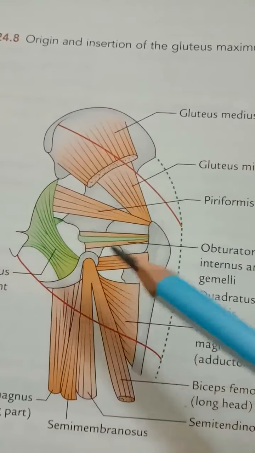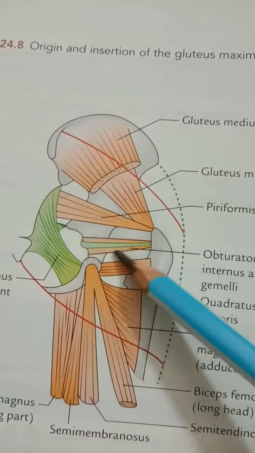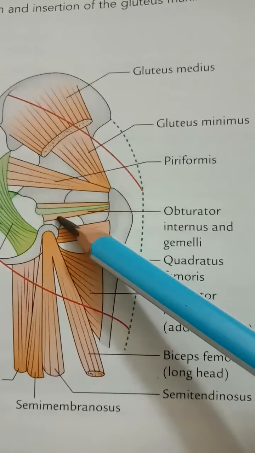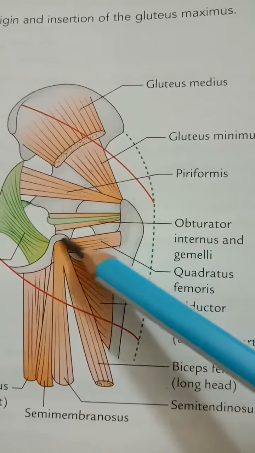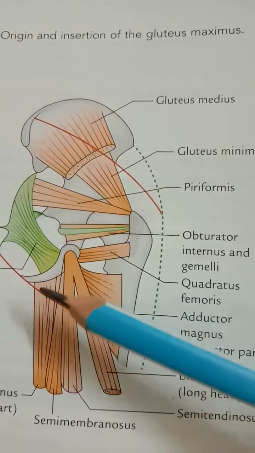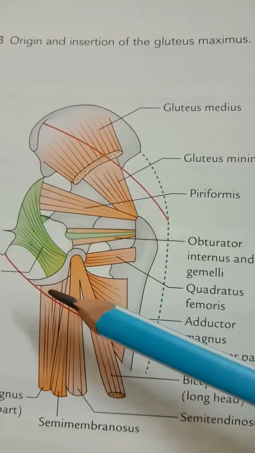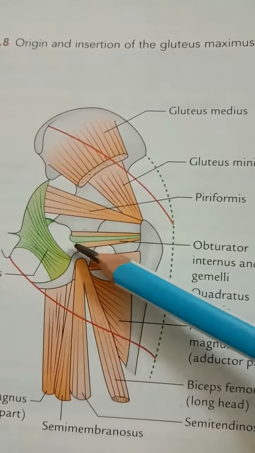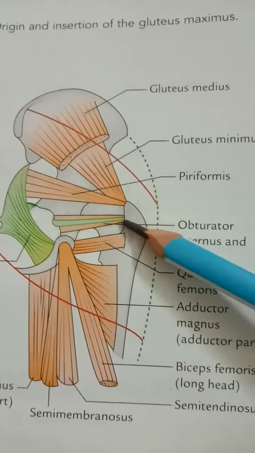Then the gemellus inferior. So here you can see, this is the gemellus inferior. It is also a small muscle which attaches to the lower border of the tendon of the obturator internus. Here, the green color is the obturator internus.